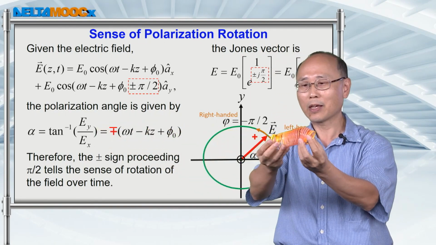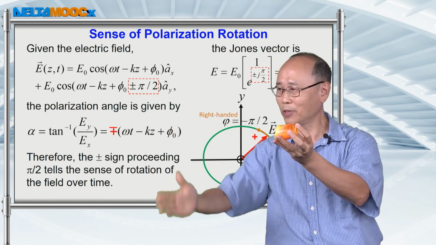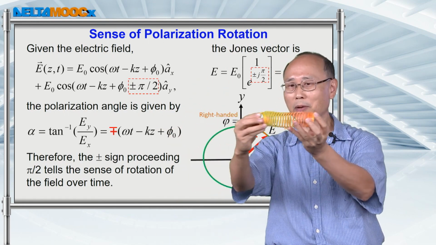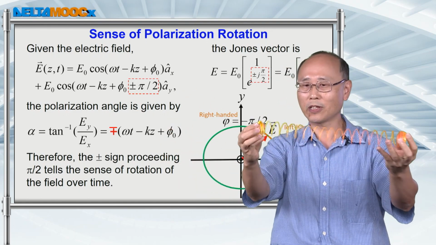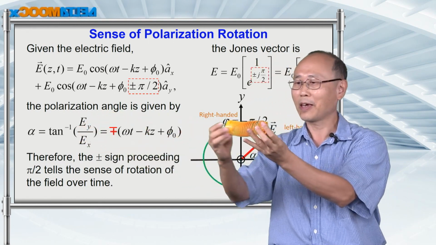So if you just look along this direction and put the plane here, then you're going to see that the circular curve is going to rotate over time, because this structure will go in this direction over time.